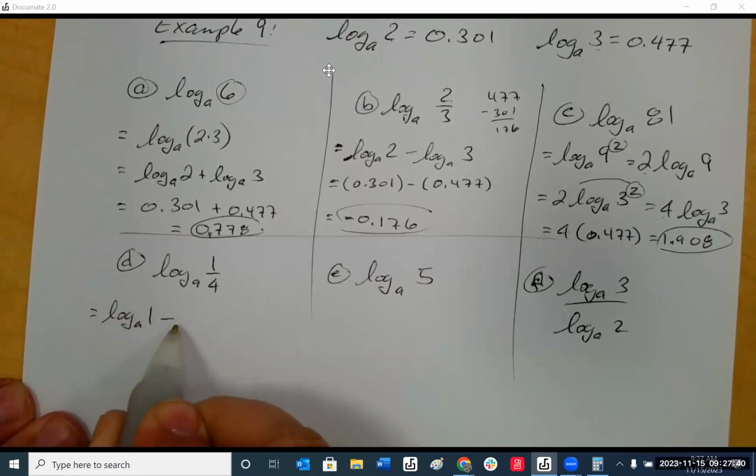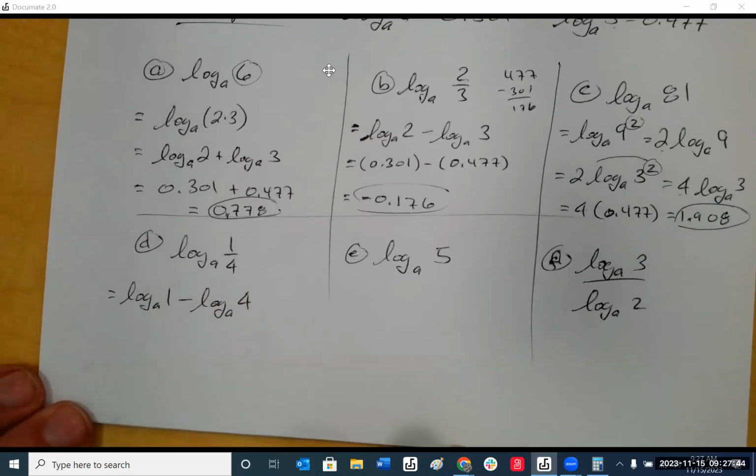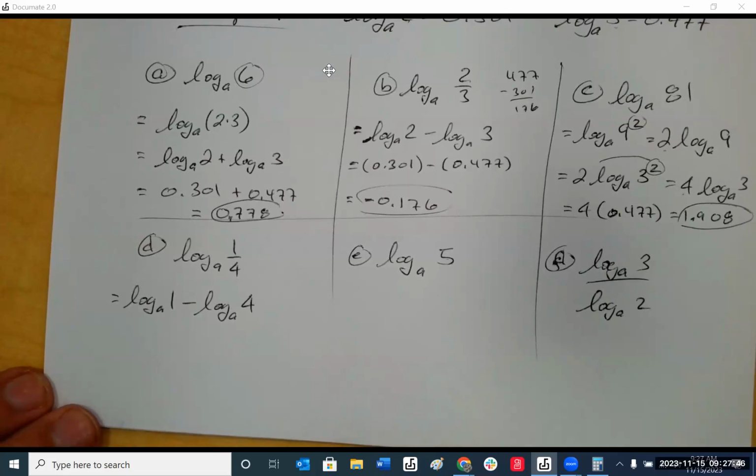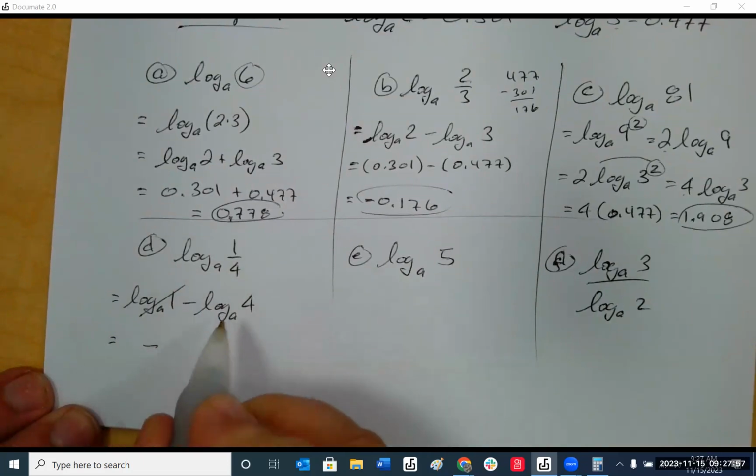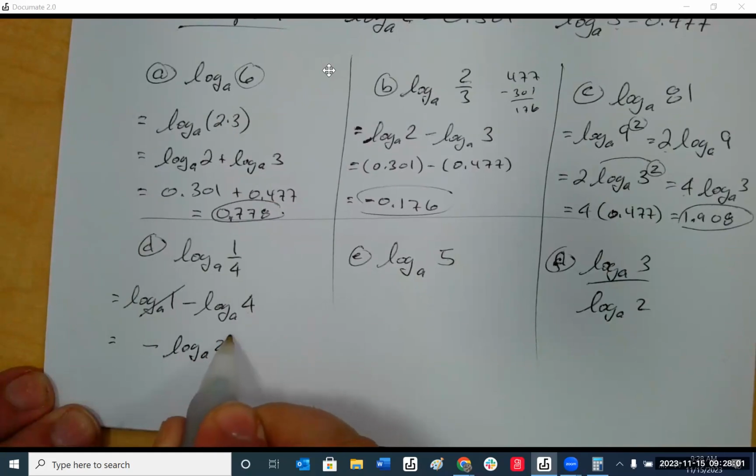Log base a of 1 minus log base a of 4. What's log base a of 1? 0. Very good. That's 0. So we have negative. 4 is made up of 2 times 2.